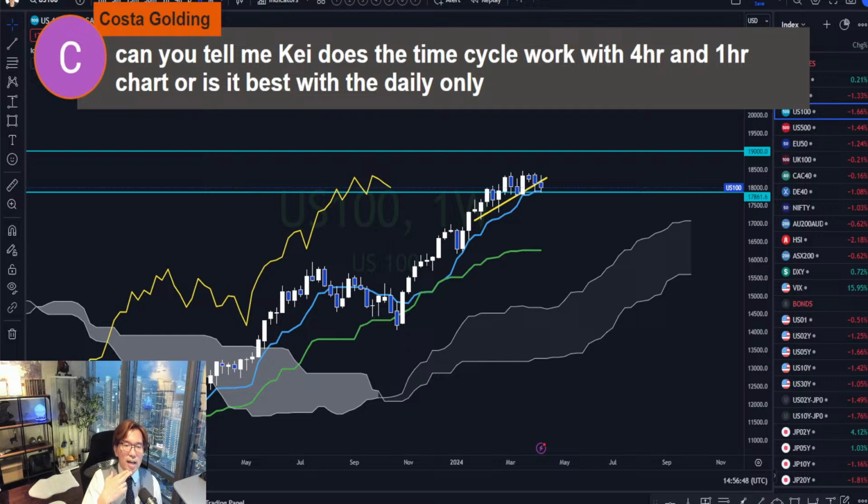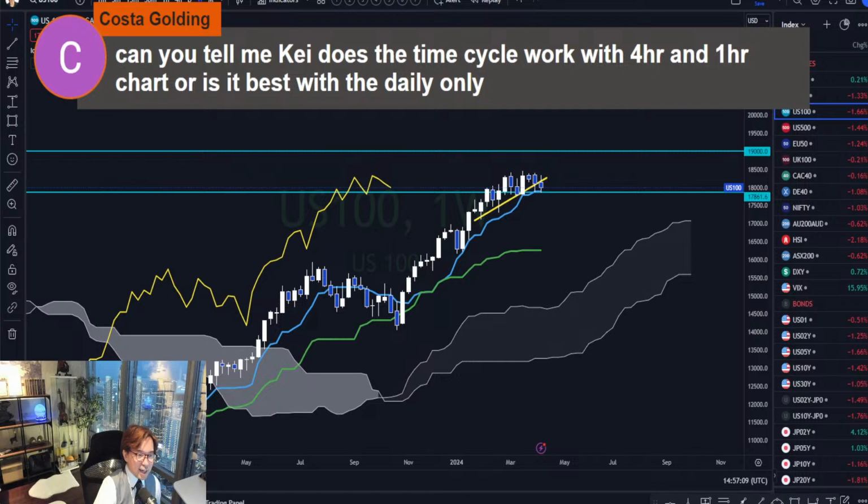Basically, you can apply it, but it may be difficult. Sometimes the market does not respect those Kihon Suchi or Henkabi in the lower time frames. So I recommend using it on the daily or higher time frames for this reason.